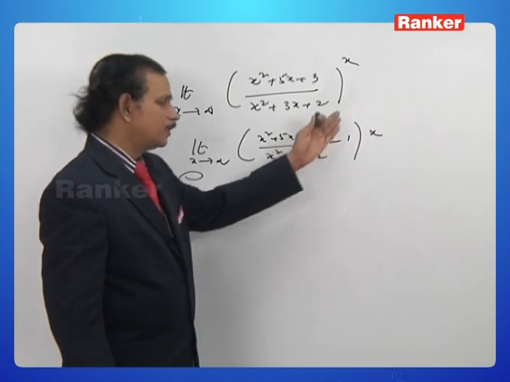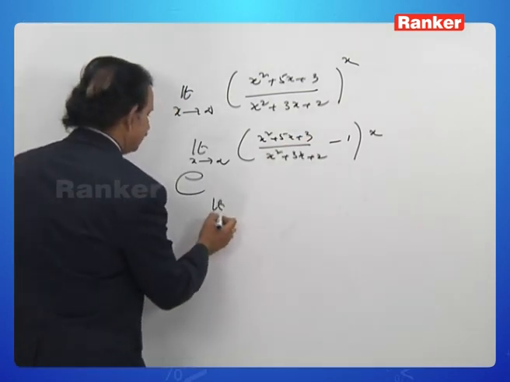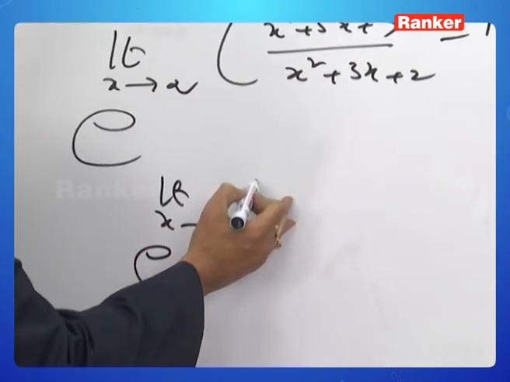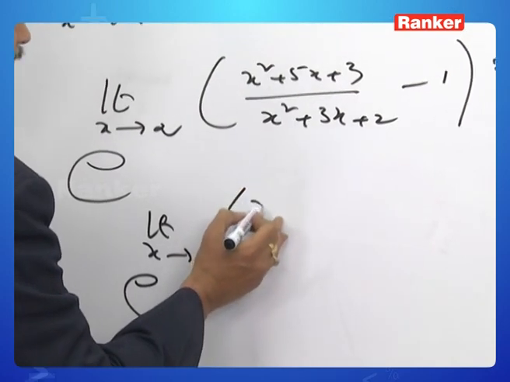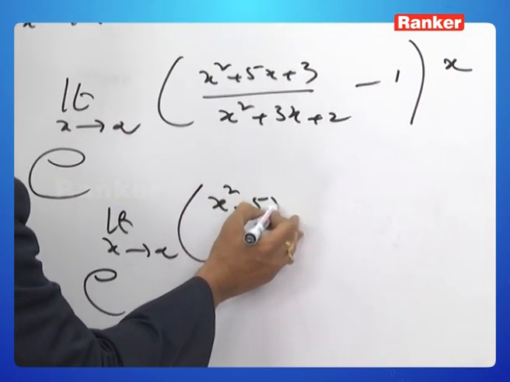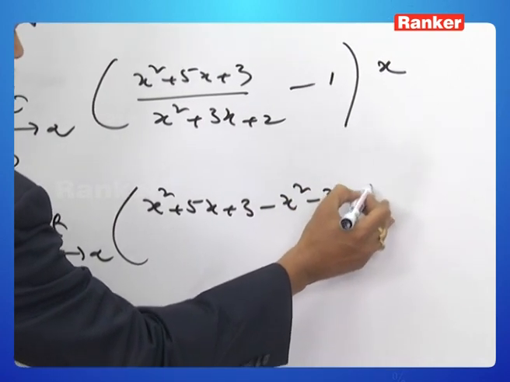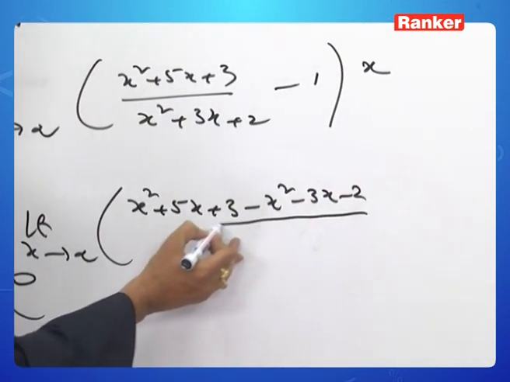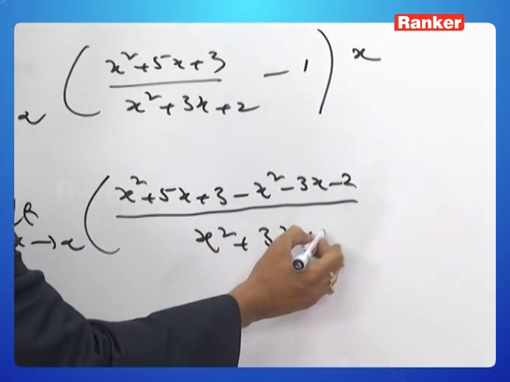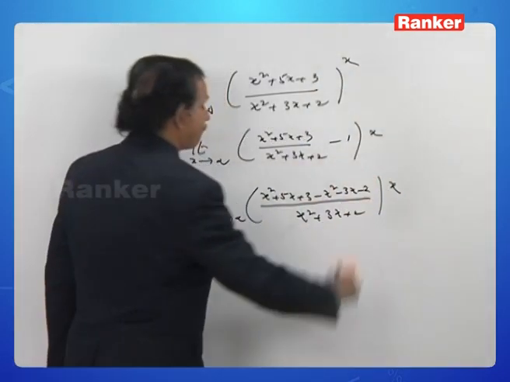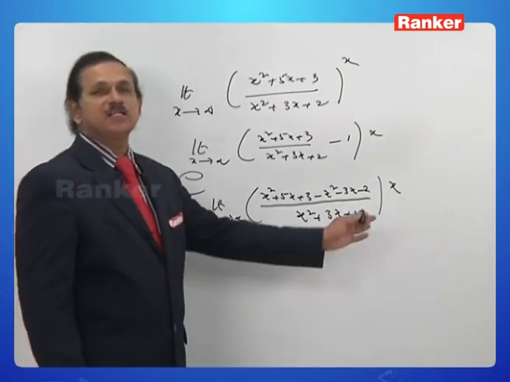That is, (f of x minus 1) into g of x. So it is e power limit as x tends to infinity of x square plus 5x plus 3 minus (x square plus 3x plus 2), by just considering the LCM.